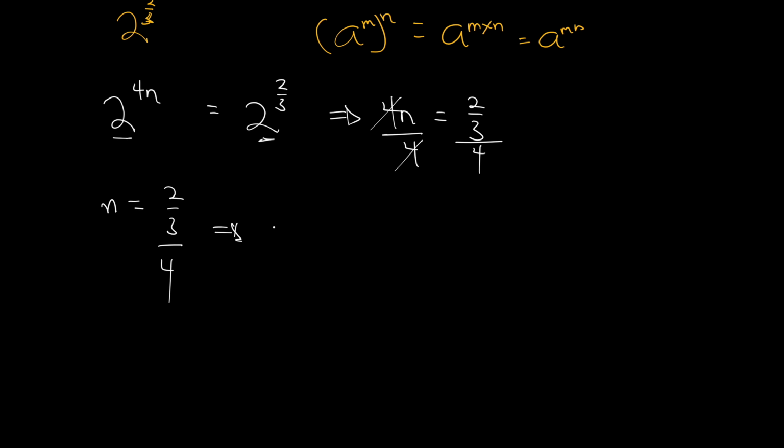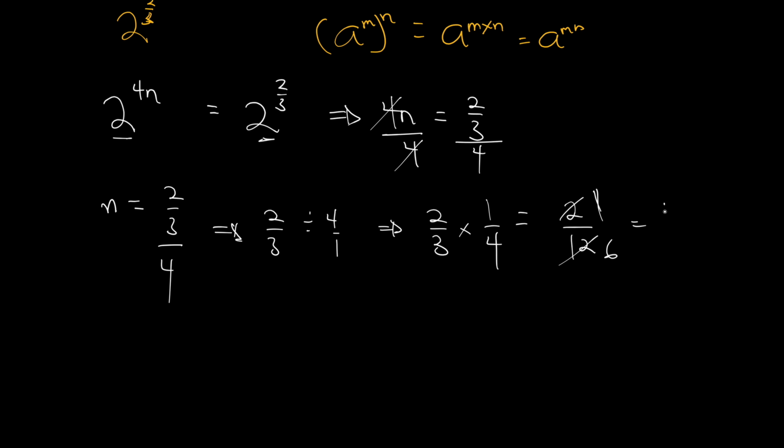This is the same as 2 over 3 times 1 over 4, which is equal to 2 over 12. 2 goes into itself 1 and it goes into 12 6 times. So we have 1 over 6. Therefore, our n is equal to 1 over 6.